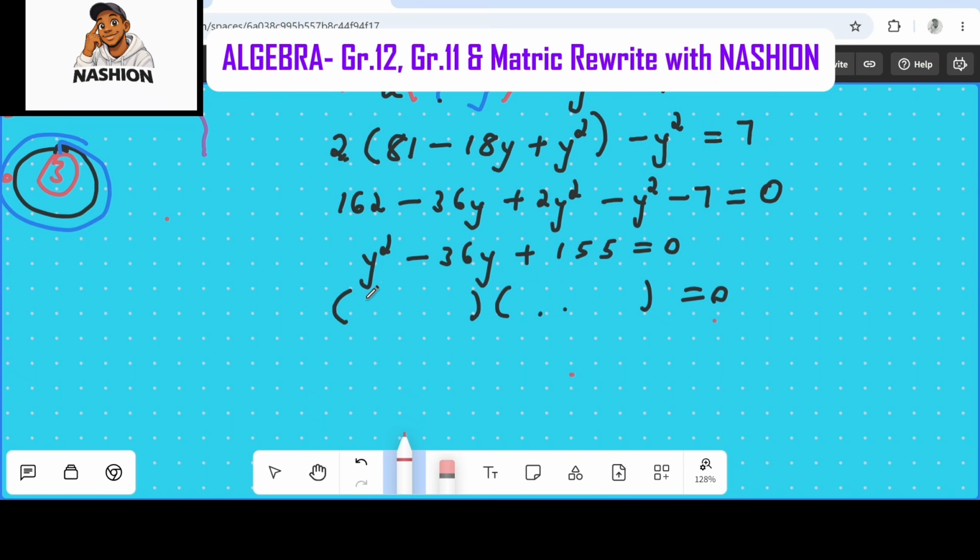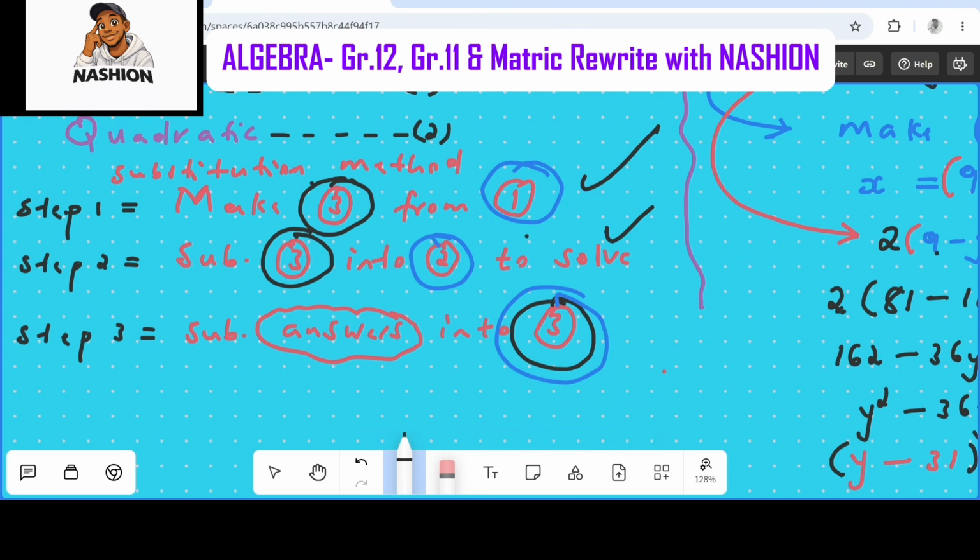The factors of y squared, that's y and y. The factors of 155, that's 31 times 5. We want to get the middle term, which is negative 36. We can achieve that by saying negative 31 minus 5. Then we say, therefore, y is equal to 31 or y is equal to 5.